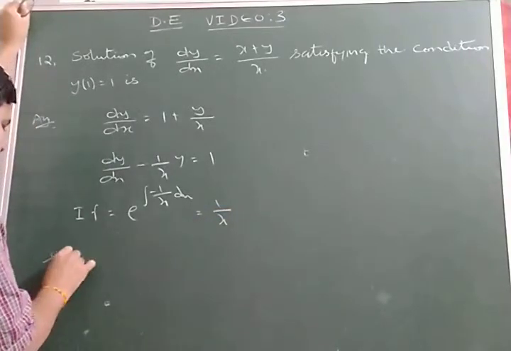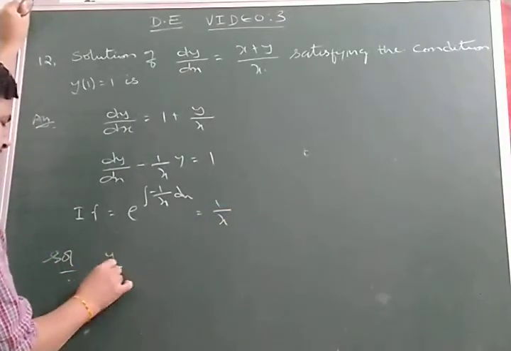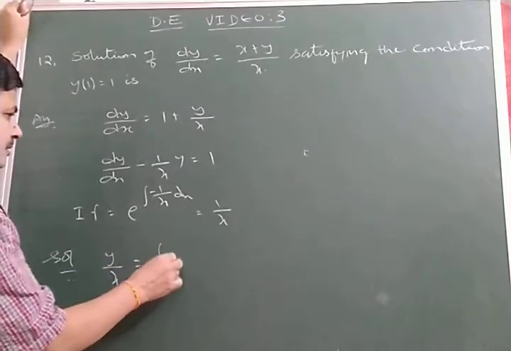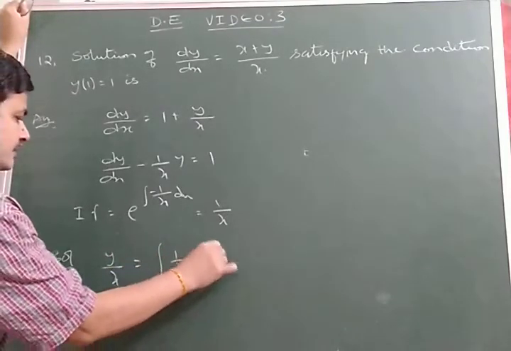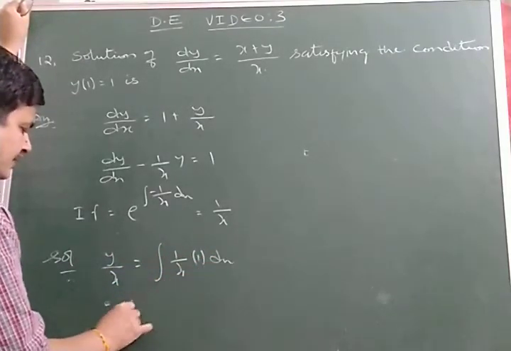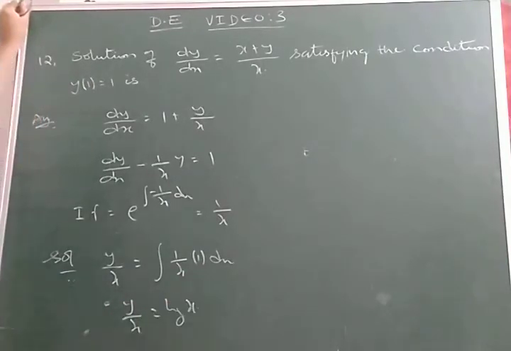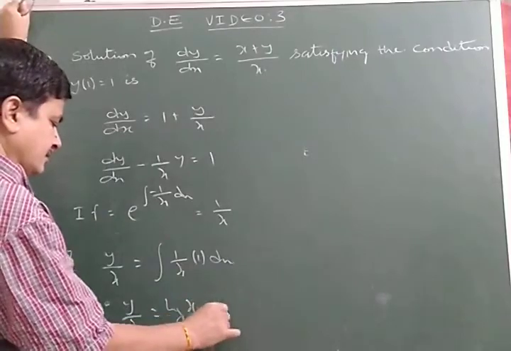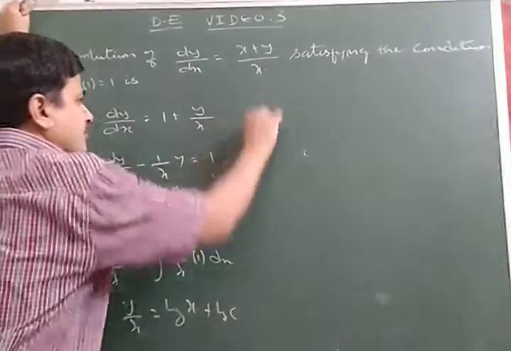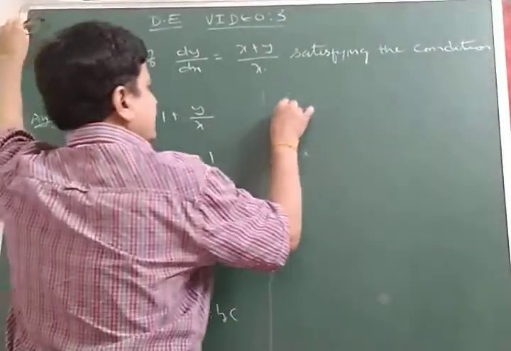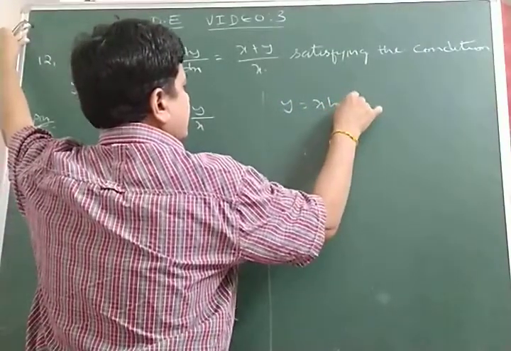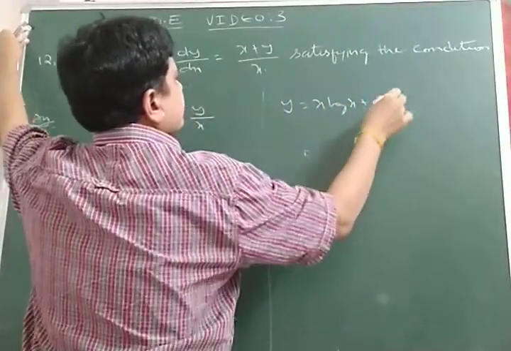Now the solution is y/x = ∫(1/x)(1) dx. y/x = log x + log c. Now y = x log x + cx.